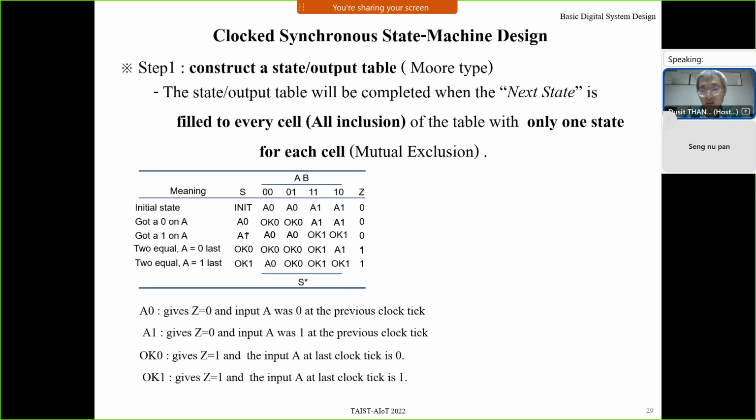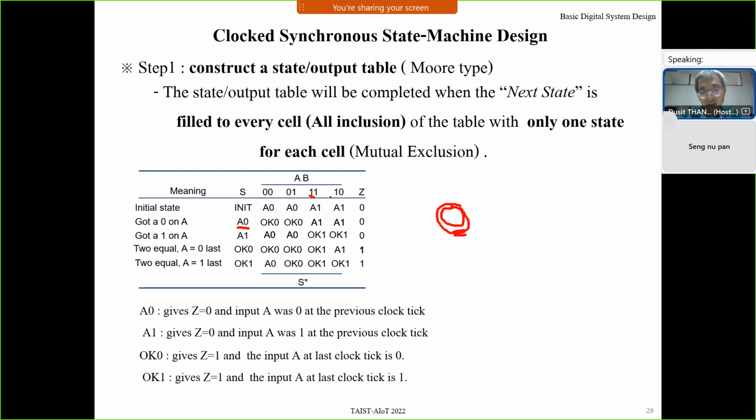And at state A0, output is 0 and the last value of A is 0. That means if clock tick and input A is 0, now A is 0 and the last A is 0 again. It should go to the state where output is 1, right? In this case, I define OK0 as the state where output is 1 and the last value of A is 0.